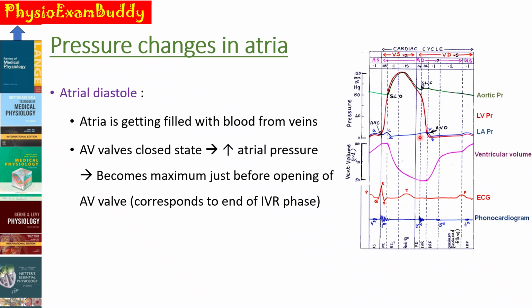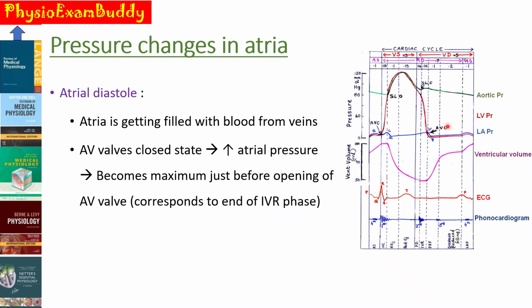So you can see here that this is the atrial diastolic phase. During this phase, the atria get filled with the blood from the veins, and the AV valves are in a closed state. So you can see here that the intra-atrial pressure rises and becomes maximum just before the opening of the AV valve.